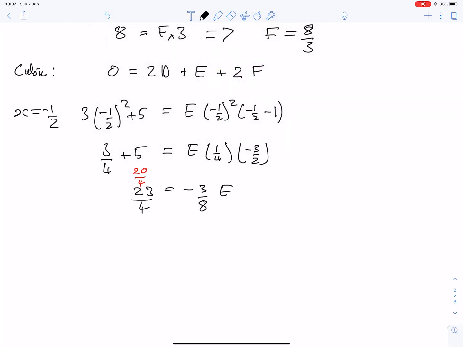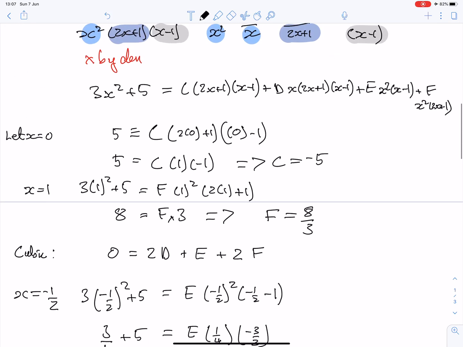So if we multiply by 8, actually that makes that easy, so I've got 8 times 23/4 equals negative 3E. So 8/4 cancel to give 2, so we get 46 equals minus 3E. So E equals negative 46/3.